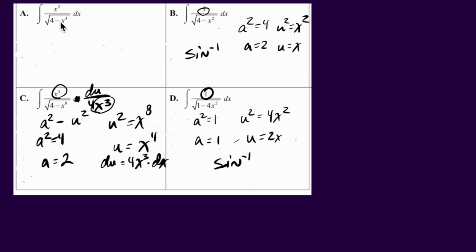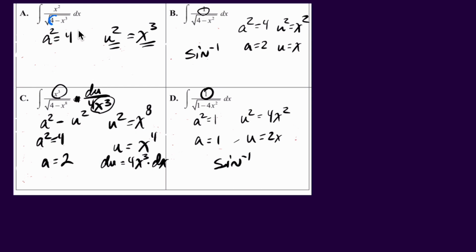Now this one, that exponent is small, and if we tried to do the same thing, it would not work out, because our a squared is going to equal 4. Our u squared would equal x cubed. And this is an ugly perfect square anyway. So in this scenario, what makes this different is we're going to use u substitution.